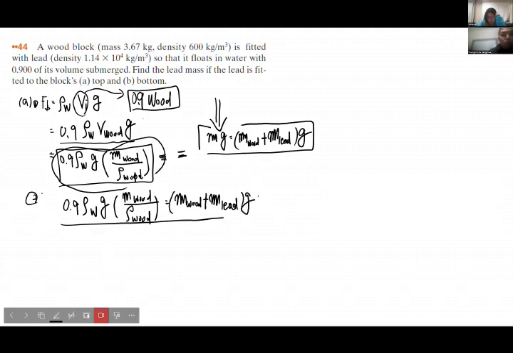Can you rearrange this formula in terms of the mass of lead?